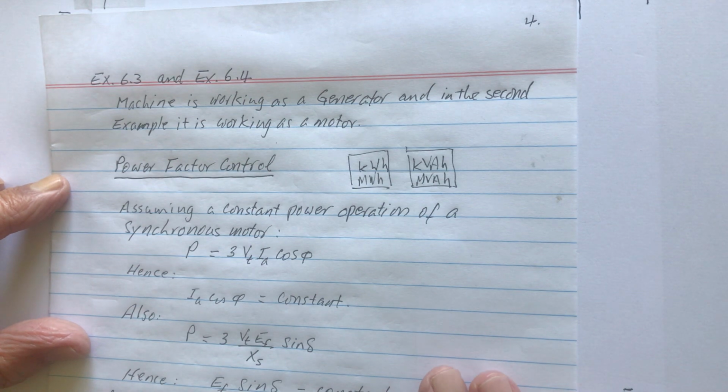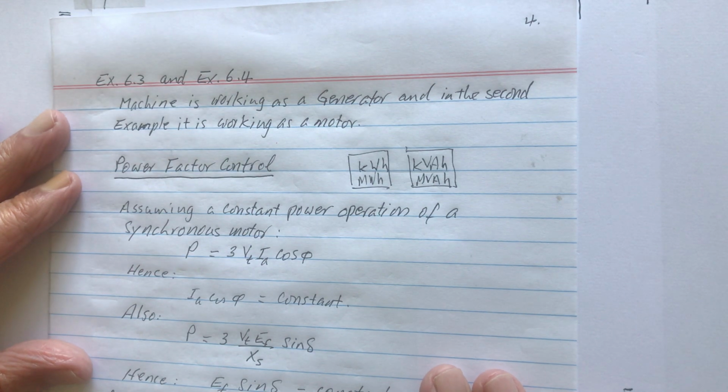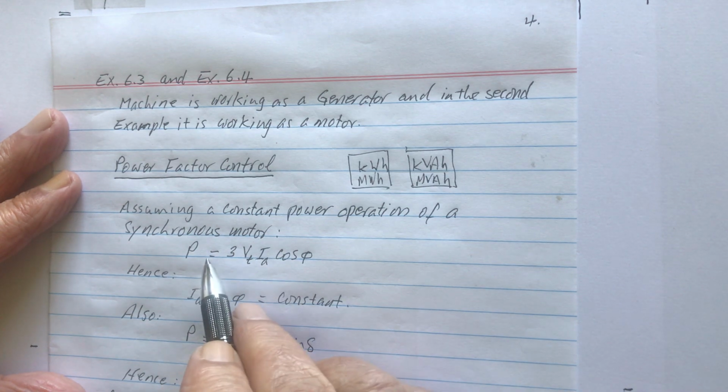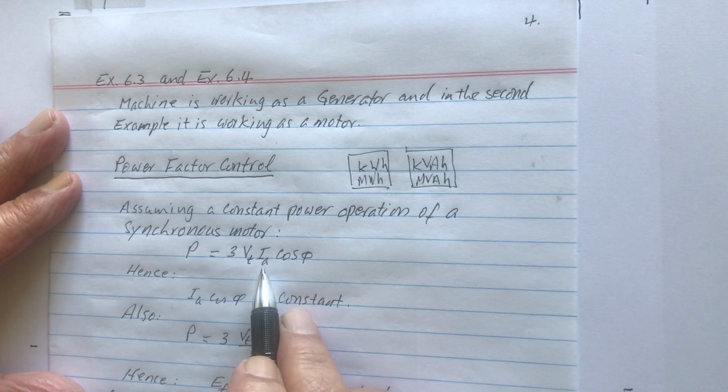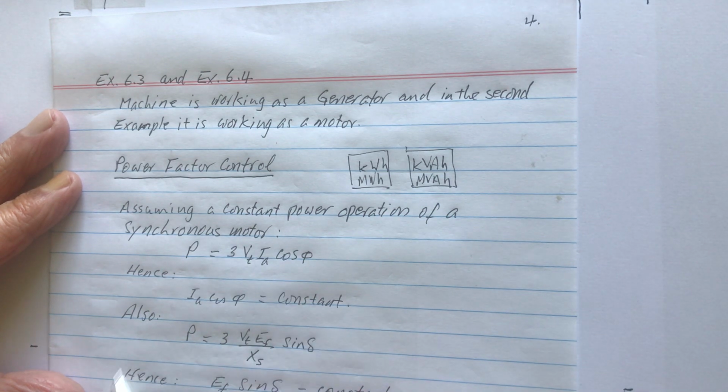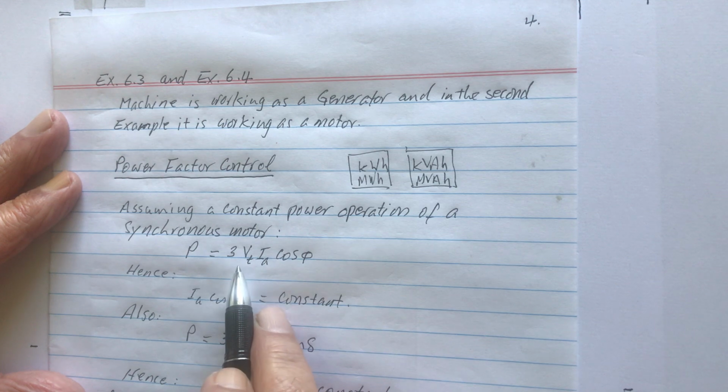So if we look at a synchronous motor at constant power, P equals 3 VT IA cosine phi. Hence, VT is constant.